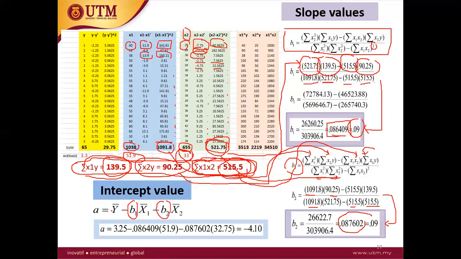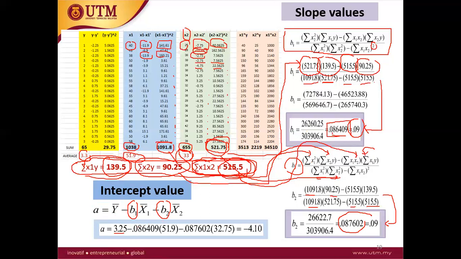Then we transfer this value into the intercept equation for B1, B2. The y bar, the average of y, is 3.25 to two decimals, minus B1.